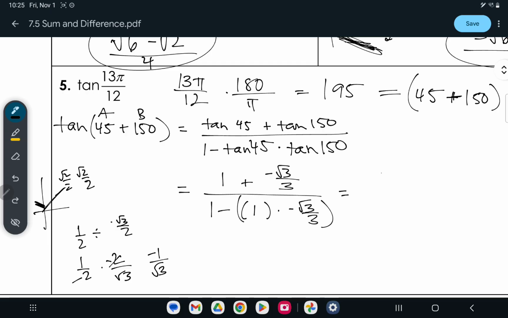So we get 1 minus root 3 over 3 over, and let's see, 1 times negative would be negative root 3 over 3. So then this double negative here would be plus, so 1 plus root 3 over 3, right?